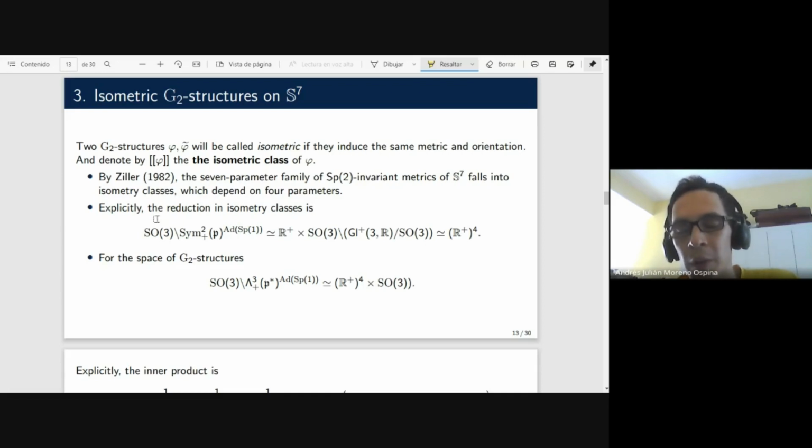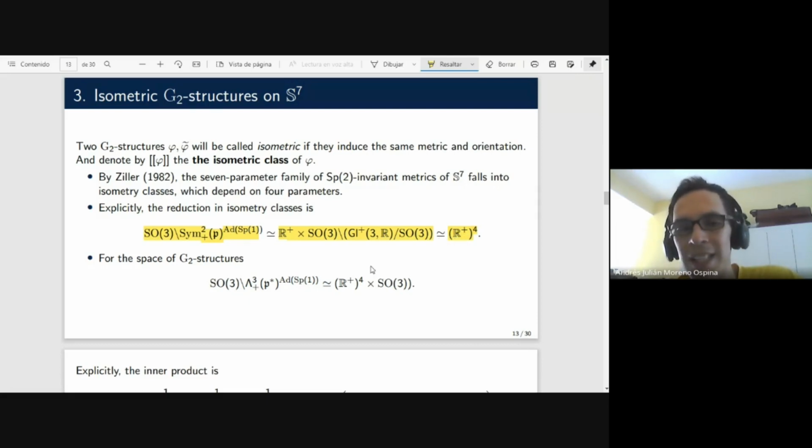So with our approach, this reduction given by Ziller can be interpreted in this way, with an action of the group SO(3) on the left side of our homogeneous manifold, which is basically the product of 4 copies of the positive real numbers, which are exactly the eigenvalues of the matrix that defines your inner product, right?